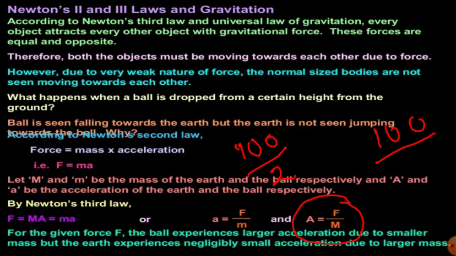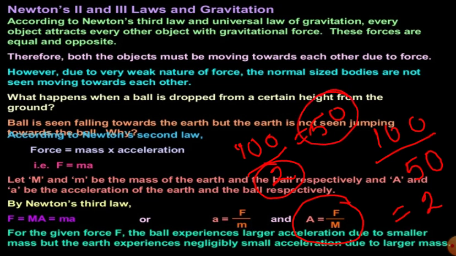If you divide 100 by a bigger mass, the result will be 2, but if you divide the same force by a lighter mass, it will be 50. So if you divide by a smaller quantity, the quotient will be large. If you divide by a bigger quantity, the quotient will be small.